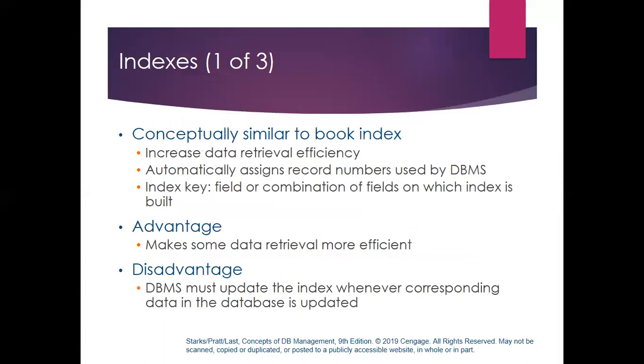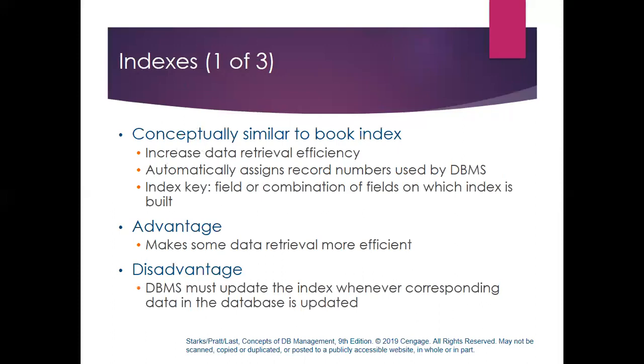The index is the main mechanism for increasing data retrieval efficiency in a relational database. It is conceptually similar to a book index. The index automatically assigns record numbers used by database management systems.